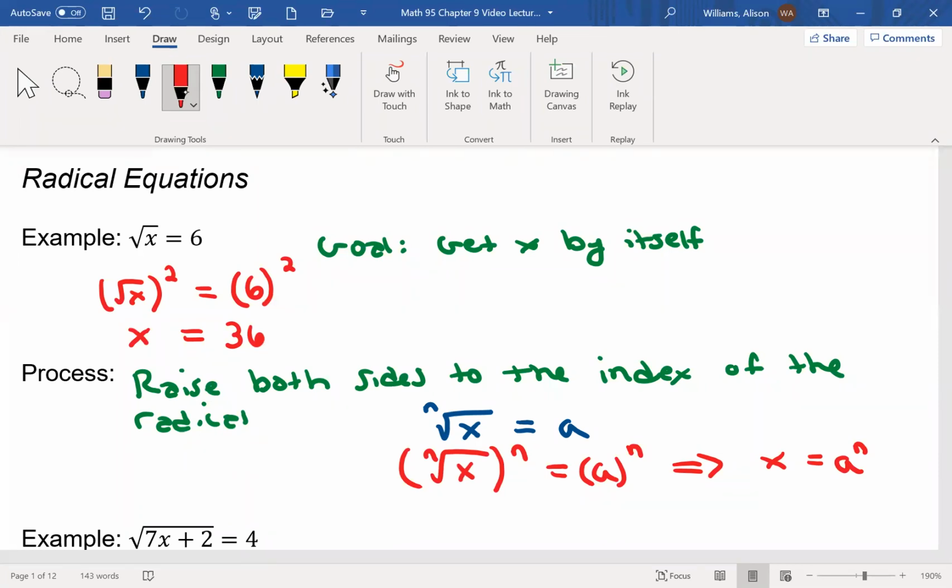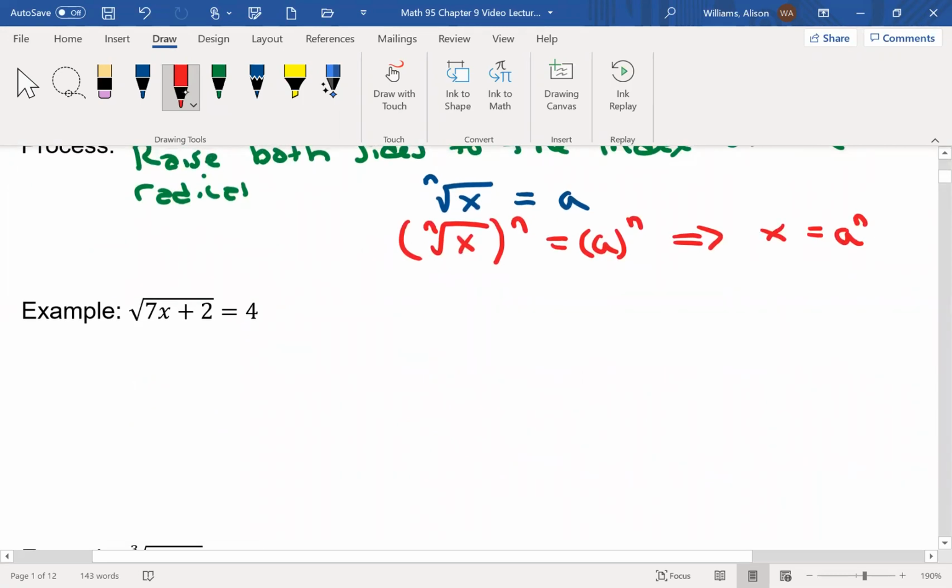So let's put this into practice on this first equation here. This is a little more complicated, and I'm going to use this process of raising both sides to the index, because we're talking about a square root. I don't see the index, which means it's an index of 2. So I'm going to raise both sides to the power of 2.